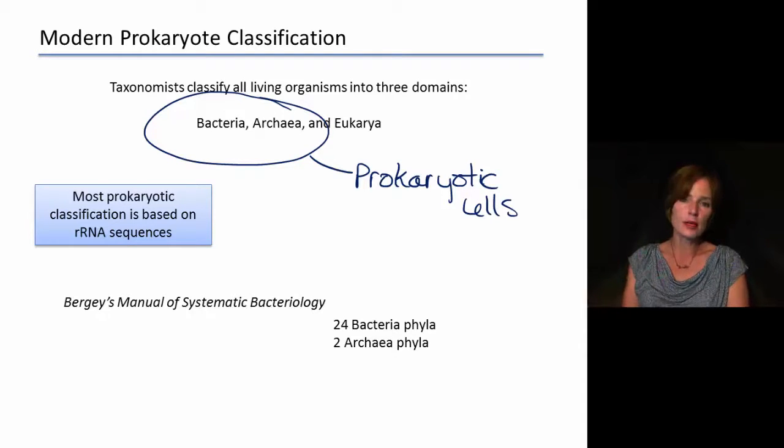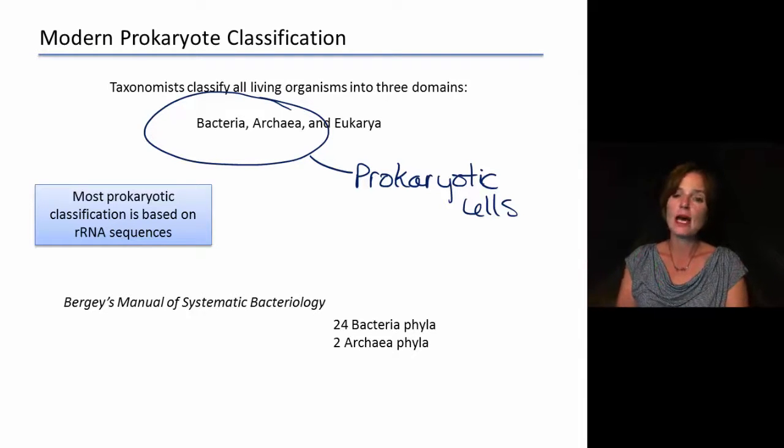And there is a bit of variety with the prokaryotic cells. The main way that they will be classified is based on their rRNA sequences, the ribosomal RNA sequences. So comparisons between them, and then the ones that are the most similar to each other will be grouped and classified together.